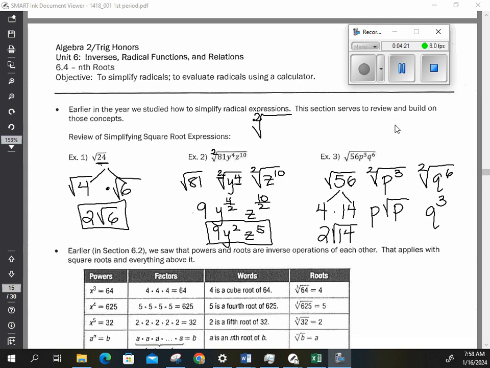If you notice, you've got a lot of terms just sitting there. You have some that are outside the square root and you have some that are inside the square root. When you write your final answer, everything that was outside stays outside. So that's 2p q to the 3rd. Anything that was underneath the square root stays underneath the square root.